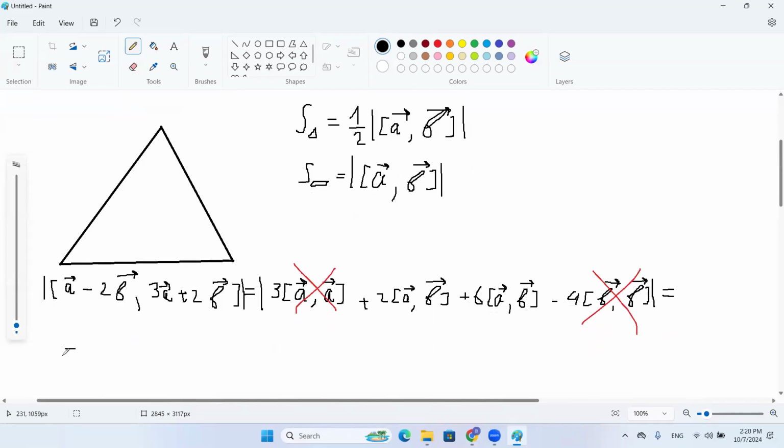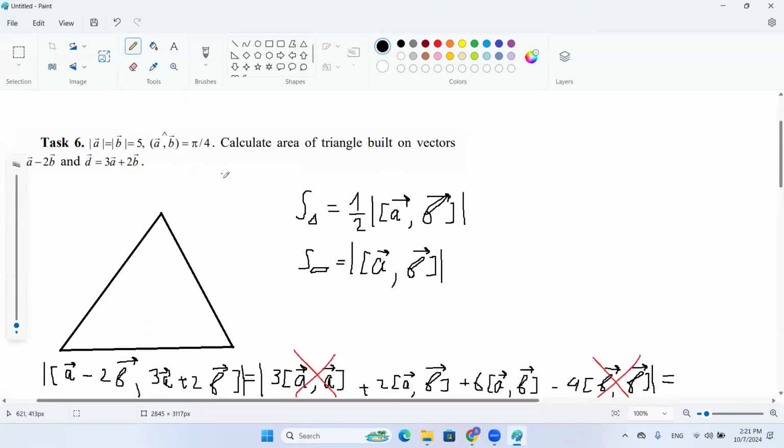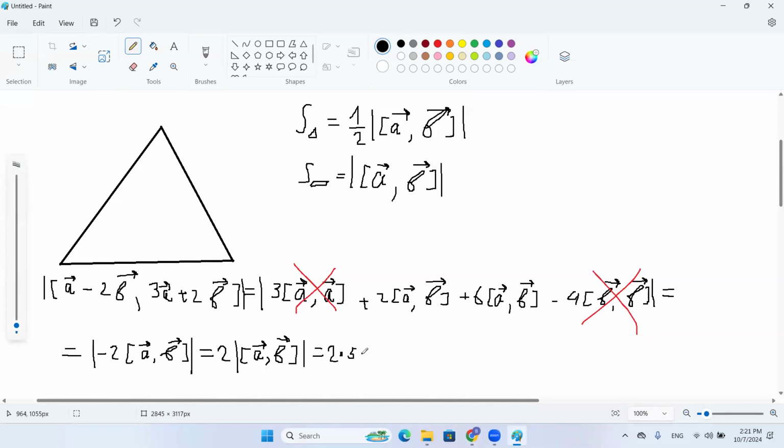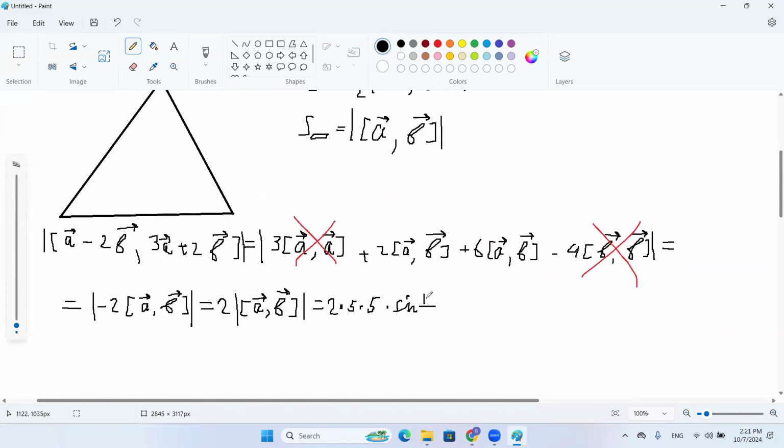So what we have is minus 2, the module of minus 2A by B. Remember, don't lose the module. And what we have is 2 times the vector product A by B, so 2 multiplied by 5, multiplied by 5, and multiplied by sine of pi divided by 4.